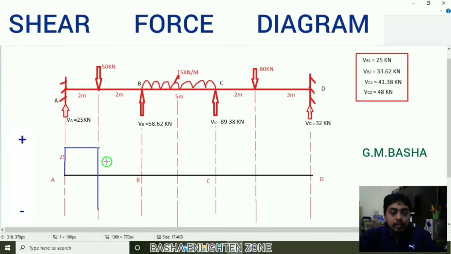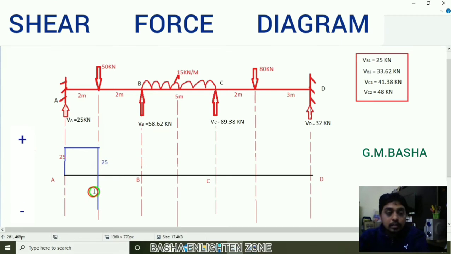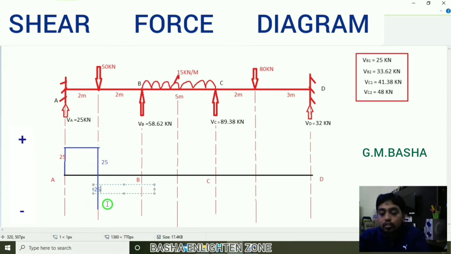I am drawing 50 kilonewton downwards. So if you see here, from A to here it will be 25, and again I am drawing downwards 25. Then totally you will get 50 kilonewton.